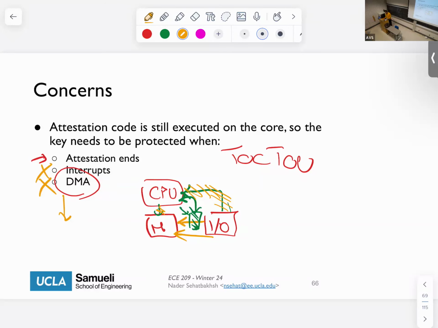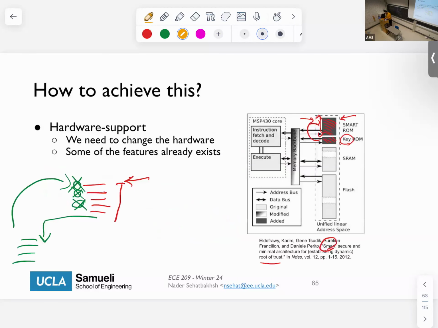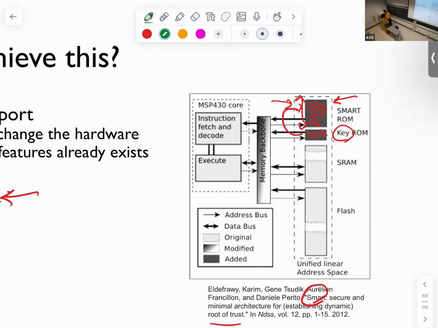And again, even if you do that, you still don't know how to fix these time of check, time of use attacks, okay? But still, this is an improvement over the software-only approaches, because with software-only approaches, we couldn't have any solutions for communication and all those things. But at least here we make sure that, first of all, the verification code is always trusted, so I don't need to check that.